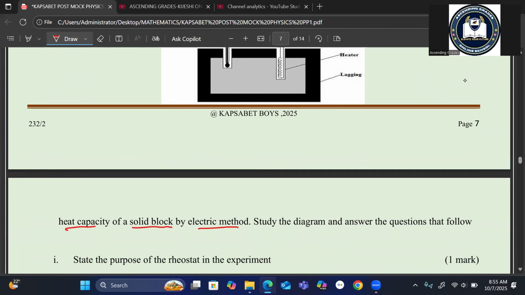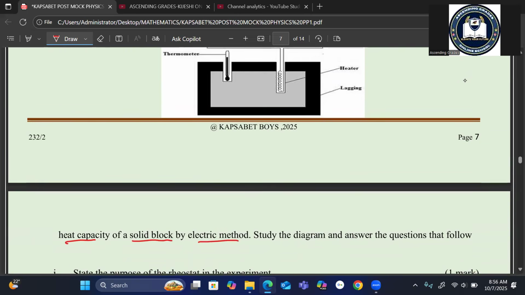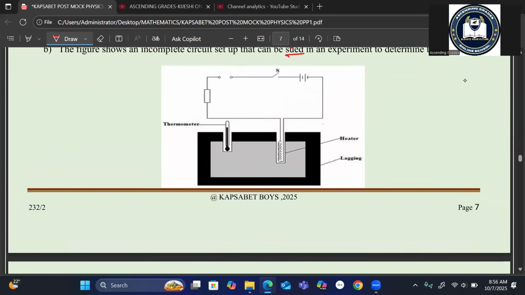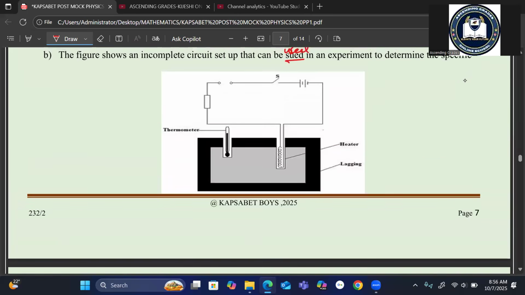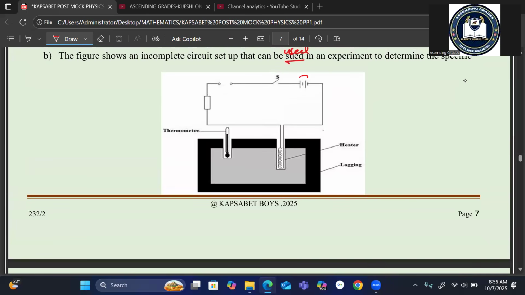Study the diagram and answer the questions that follow. So this is the diagram. You can see we are having a source of current here. We have a thermometer, we have the heater.